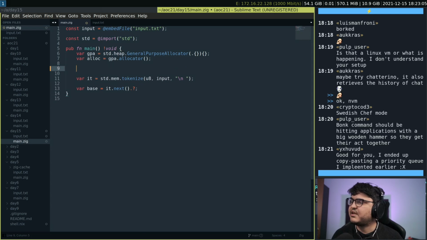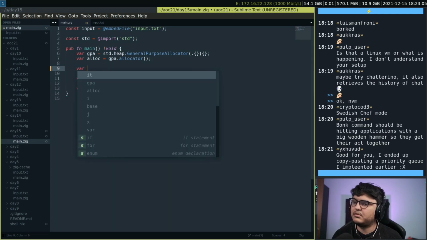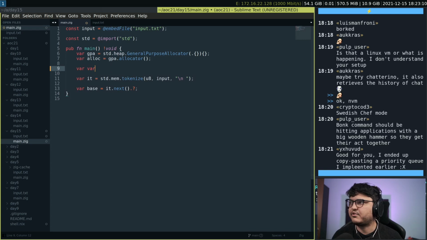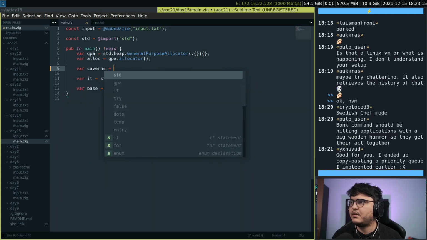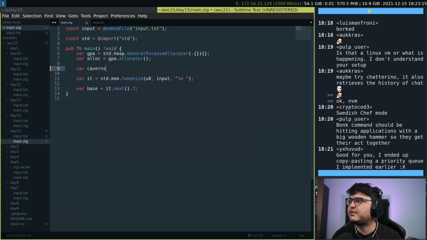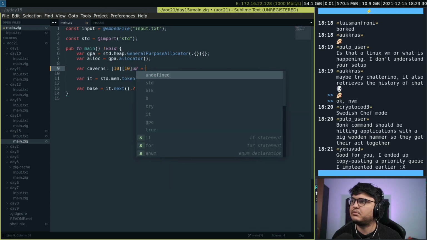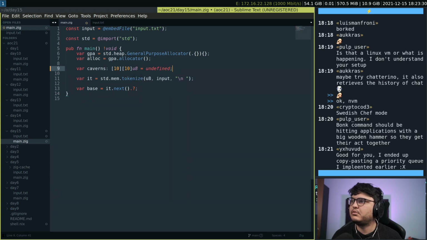But there is a, I don't know, caverns of type 10 by 10. What do we put in each place? Just a number. We don't initialize it.